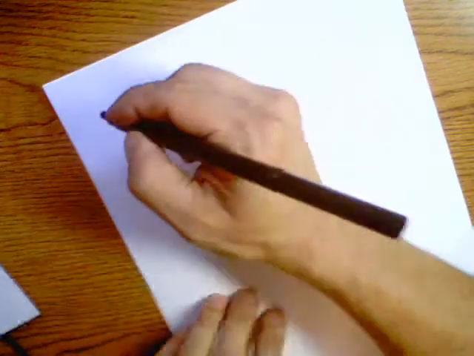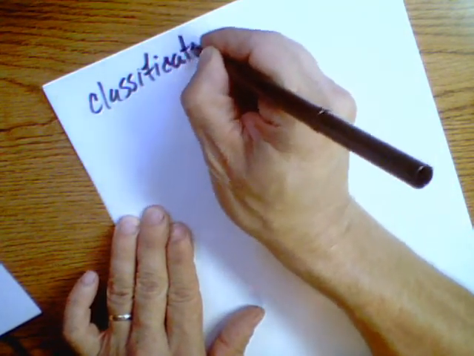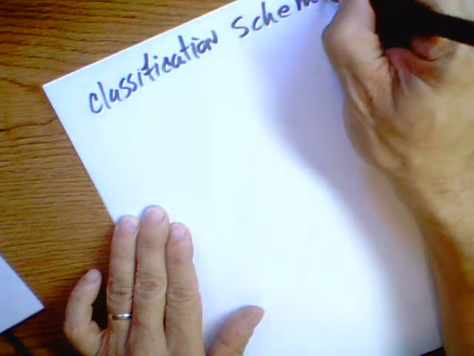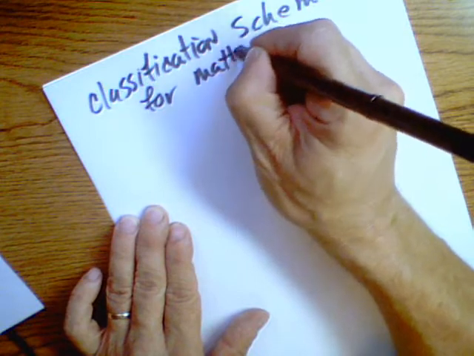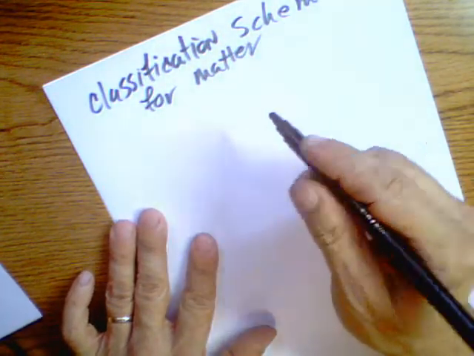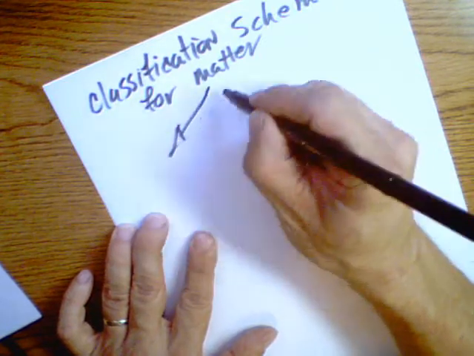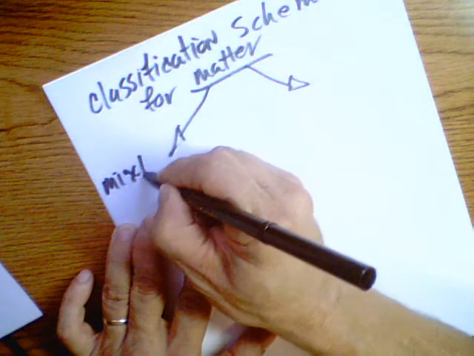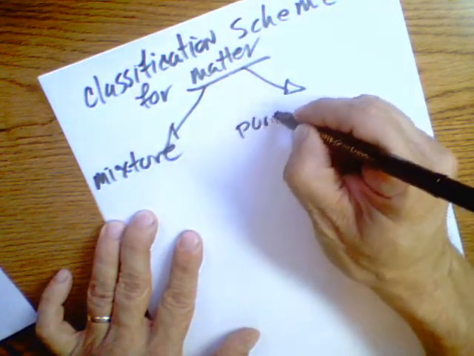Now, we could classify matter. Matter can be classified into a mixture or into a pure substance.